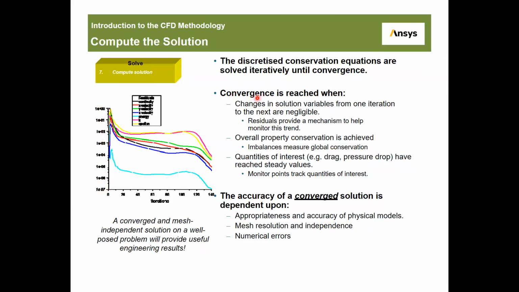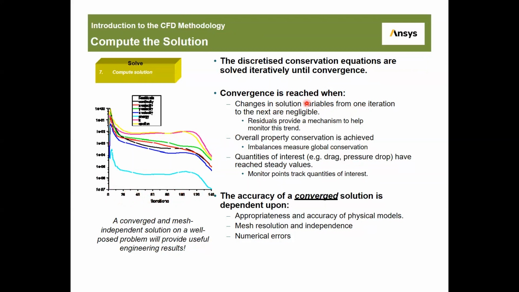Convergence is reached when the change in solution variable from one iteration to the next is negligible. For example, this one at the bottom is the iteration, maybe you can't see it. The x-axis is iteration. You have 20, 40, 60, 80, 100, 120, 140. So you have everything here.